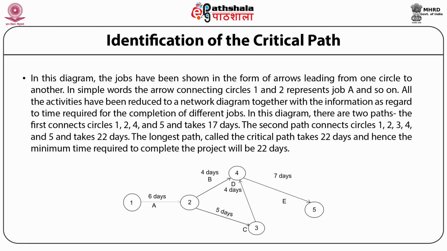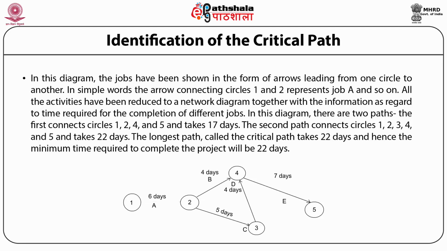All the activities have been reduced to a network diagram together with the information as regards the time required for the completion of different jobs. In this diagram, there are two paths. The first connects circles 1, 2, 4 and 5 and takes 17 days.